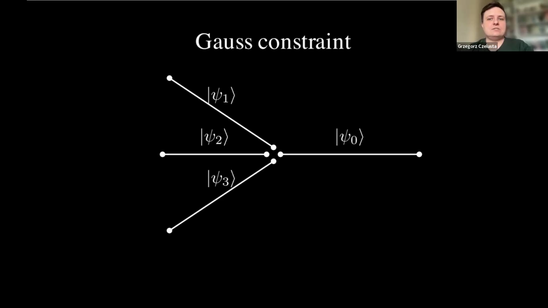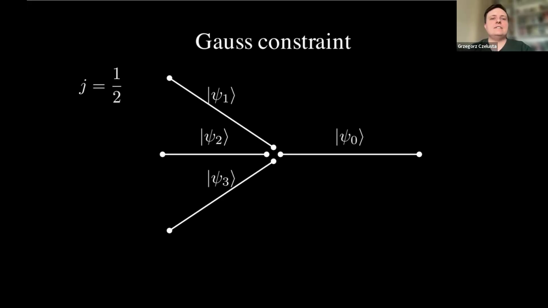And the Gauss constraint then tells us that the state associated with the vertex must be SU2 invariant. And in my work, I focus mainly on the case where all spins on the links are equal to 1/2. This means that all holonomies are taken in the fundamental representation of SU2.